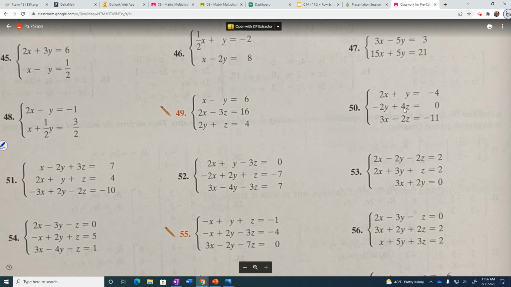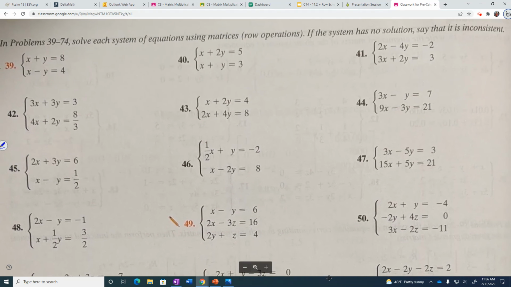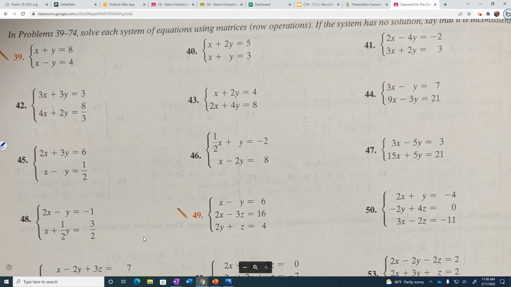So be careful on 50, make sure you put zeros in the right places. It's really similar to the one we just did. So you've got to do 40, and 48, and then number 50. Okay. And you've got the rest of the time to work on it. Work with someone. You guys keep each other on track.